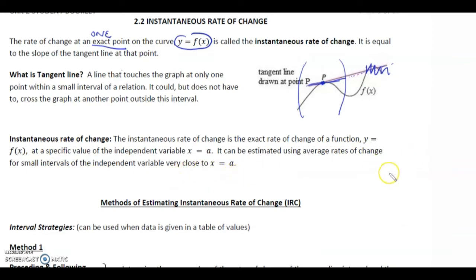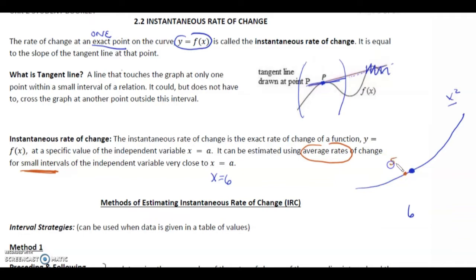In our investigation, we had x equals 6. We had a curve, a quadratic, an x squared curve, and we had this point at 6. So what this is saying is the IROC is the exact rate of change right at this point. But what we usually do is use average rates that are very, very close to 6.